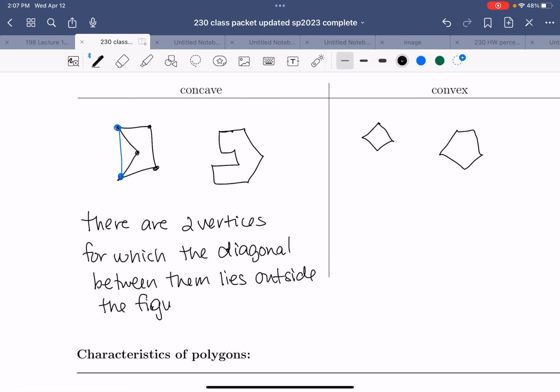If you can draw one of those, that means that you have a concave figure. Okay, so here I could draw it from here to here. That diagonal lies outside the figure. It doesn't have to lie completely outside the figure. It just has to go outside for a little bit.